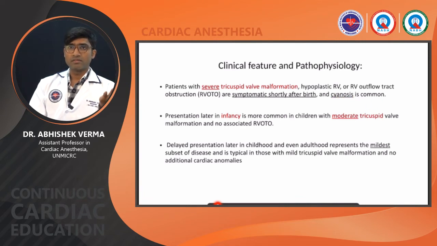SpO2 is not maintained. And if they come in later infancy, it means the patient has moderate tricuspid valve malformation and no associated RVOTO. And if it is the mildest form, then they come later in childhood, or even in adulthood.